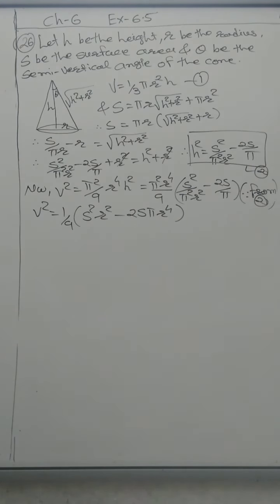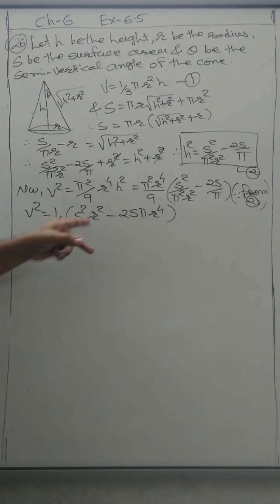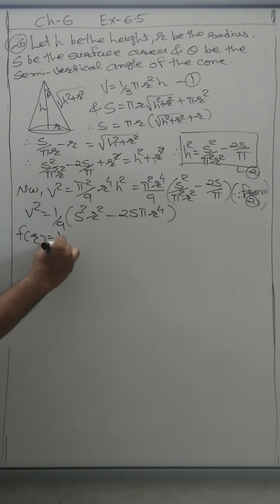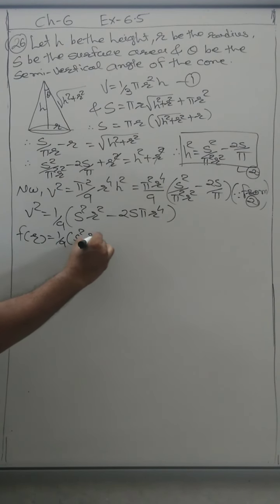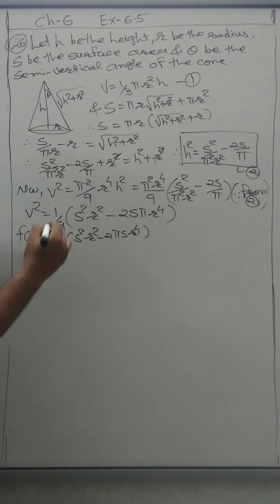Then we go for the next process. Here this s is constant, so we take this as a function of r, so we put f(r) equal to 1 by 9 times s square r square minus 2 pi s r raised to 4. Now we differentiate two times with respect to r.